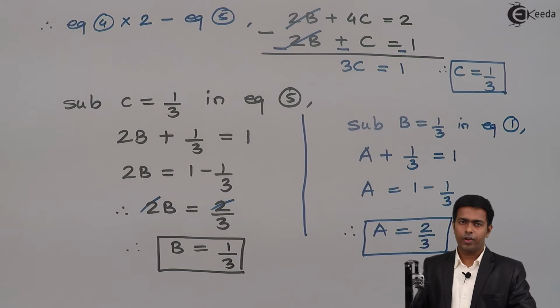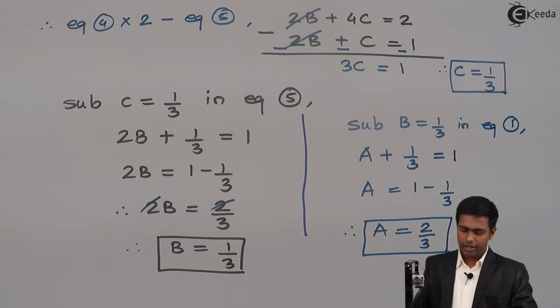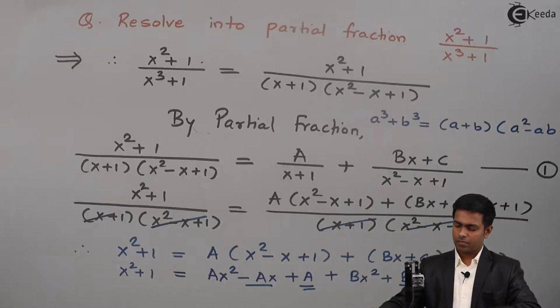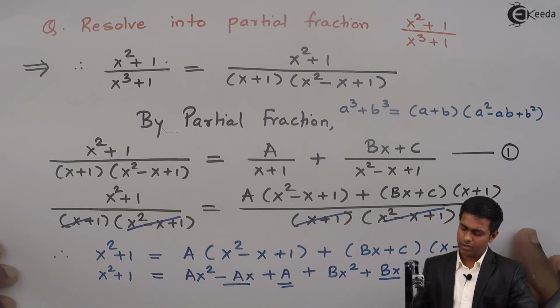So now we will substitute value of A, B and C in equation number 1 to get the partial fraction. This is equation number 1.